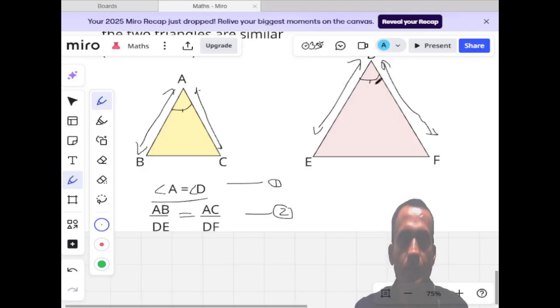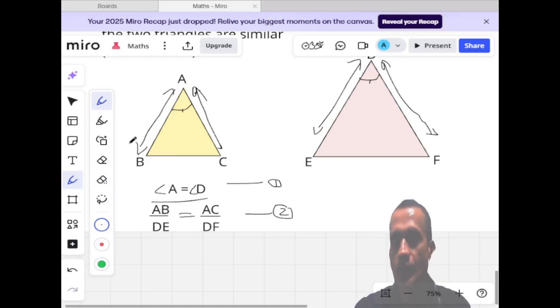So these sides include the angle D, these two sides include angle A. We are given that these two sides are proportional, so AB by DE is equal to AC by DF. And now we are required to prove that these two triangles are similar.